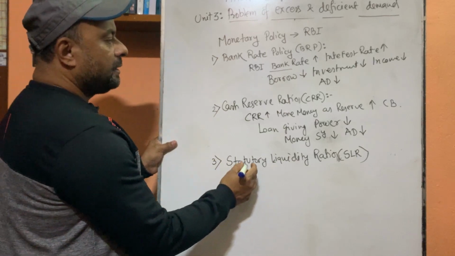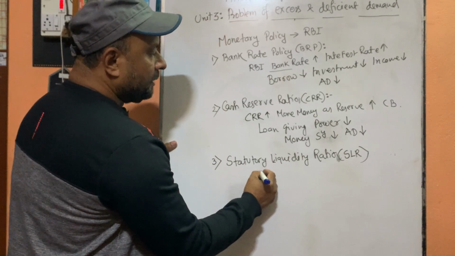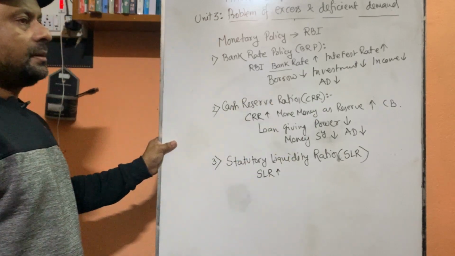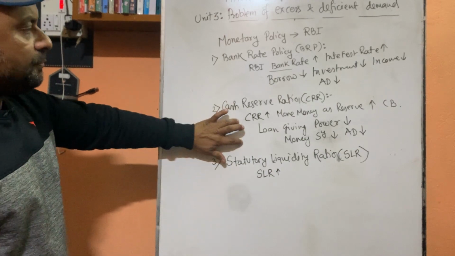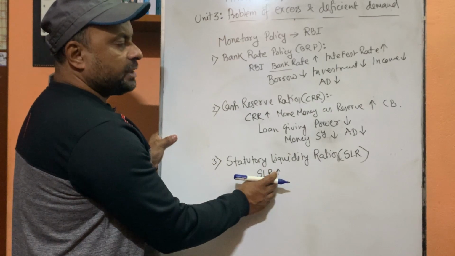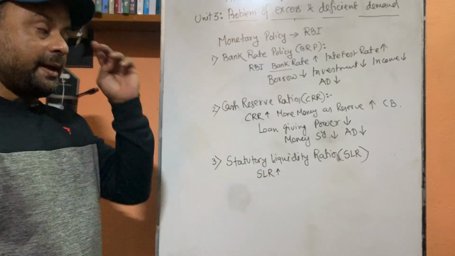When there is excess demand, the central bank orders them to increase their SLR. Earlier they kept money as CRR, now they are keeping extra money as SLR with themselves. Without permission of the central bank they cannot use it.